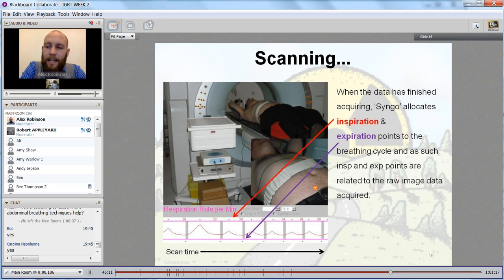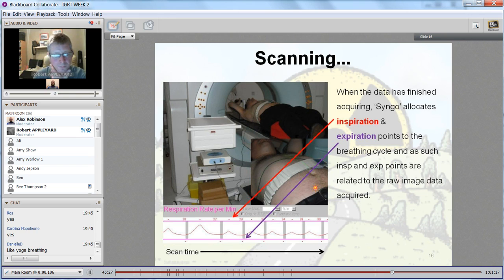So, Danielle, you put up your question of would coaching to utilize more abdominal breathing techniques help? What we have to consider is, yes, it helped me as a pre-treatment radiographer to get my scan, but we have to consider it as the whole process. I could get that, but that's not going to be a true reflection of their daily treatment.